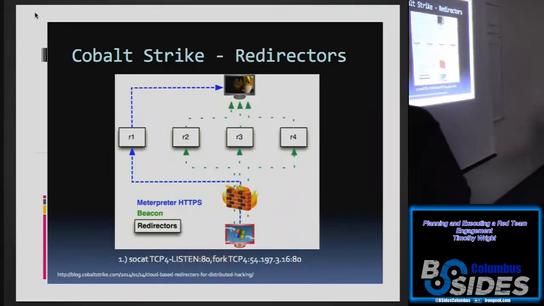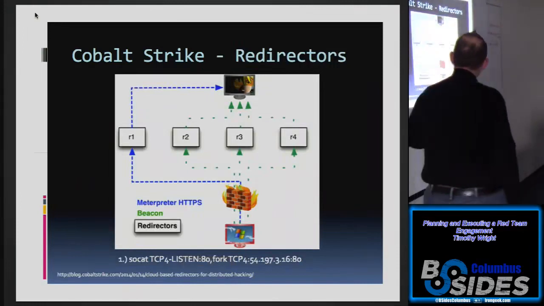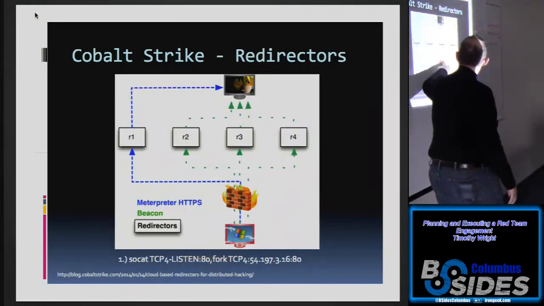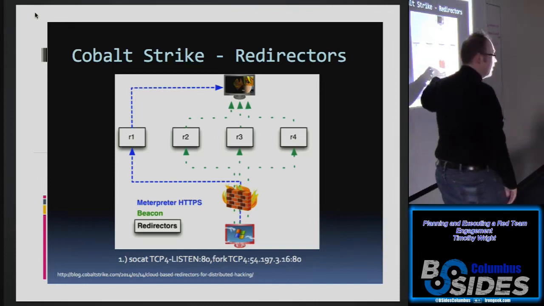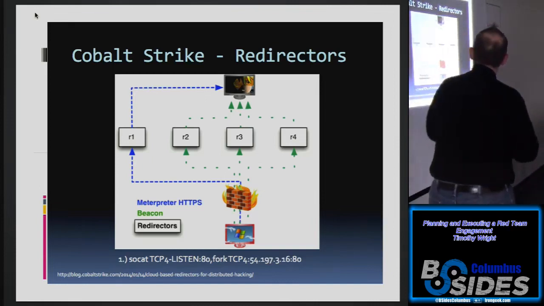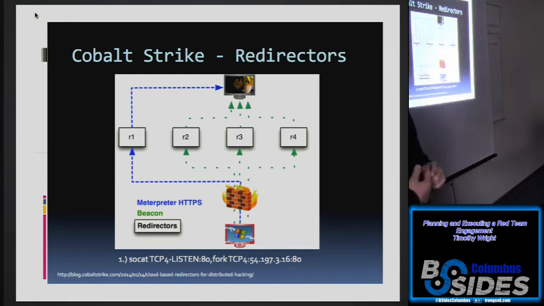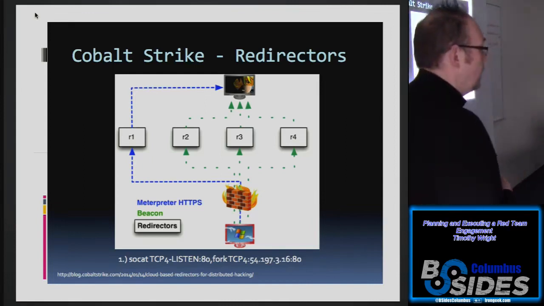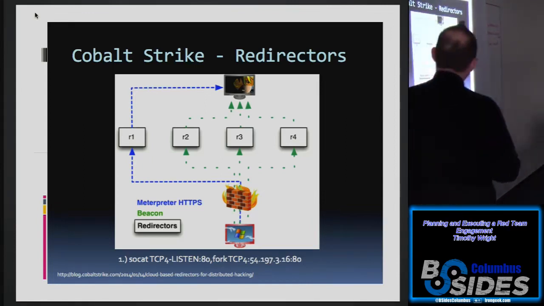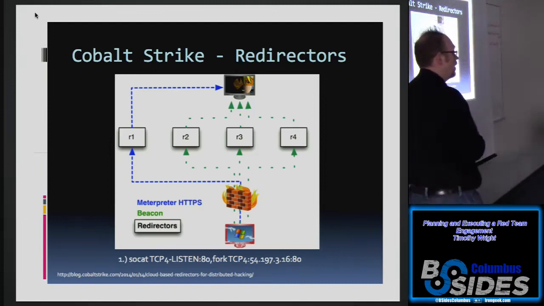So here's an example. We have a Windows machine here going out the firewall of the perimeter. We have multiple beacons set up coming back to 3 redirectors. We also have an interpreter running over HTTPS going over redirector 1, all back to our primary team server. So as we're running this simulation, we can have as many of those redirectors as we want.